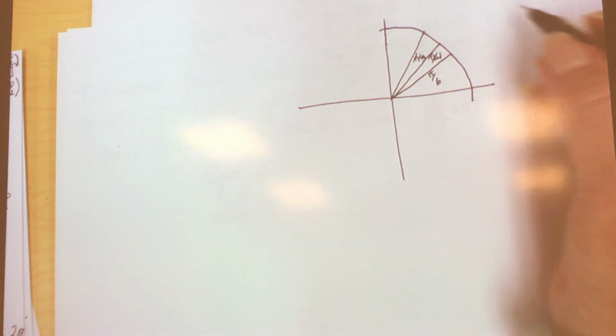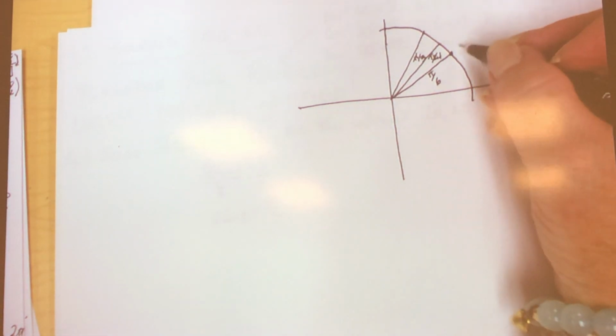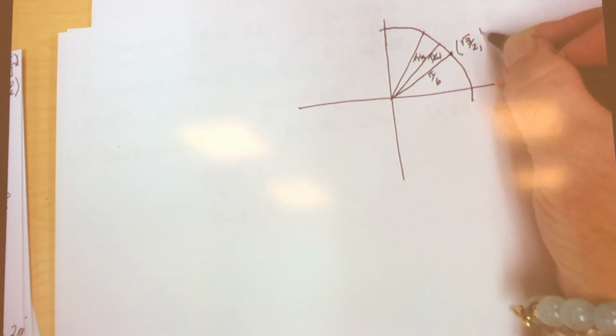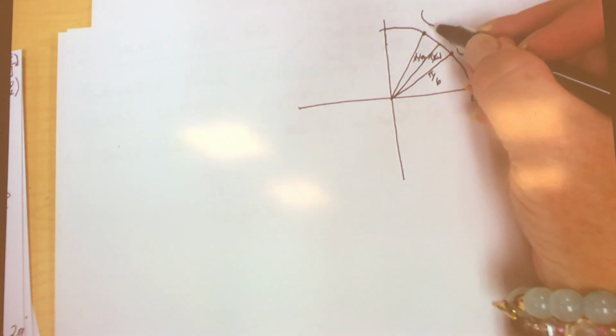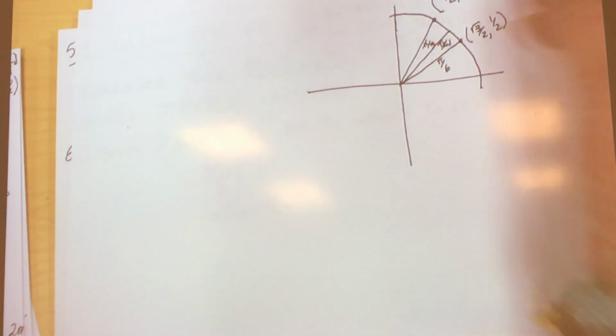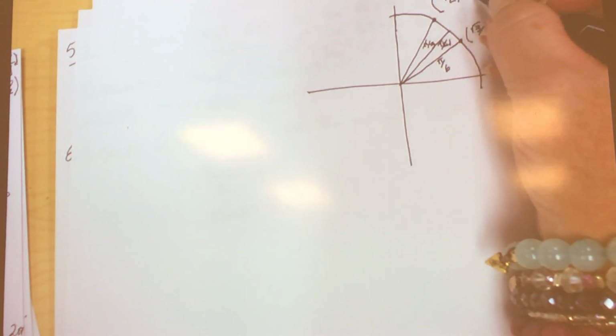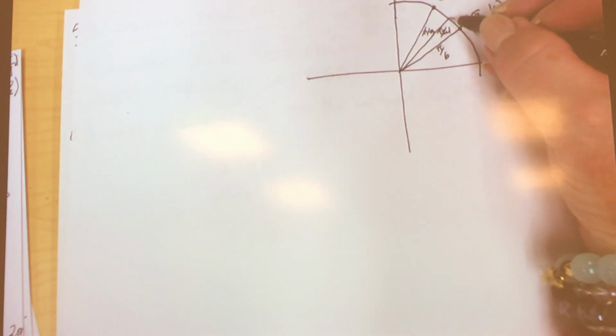You ready? What is the point at pi over 6? Square root of 3 over 2, 1/2. Very good. So what's the point at pi over 3? 1/2, square root of 3 over 2. It's just flipped. Now, what is the point at pi over 4?